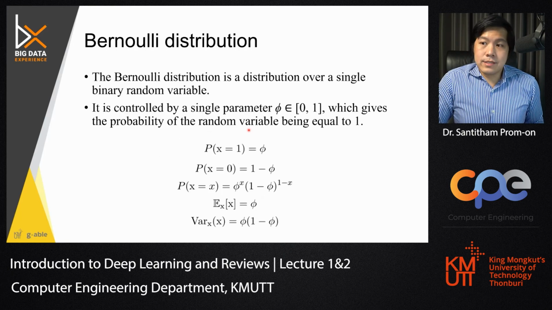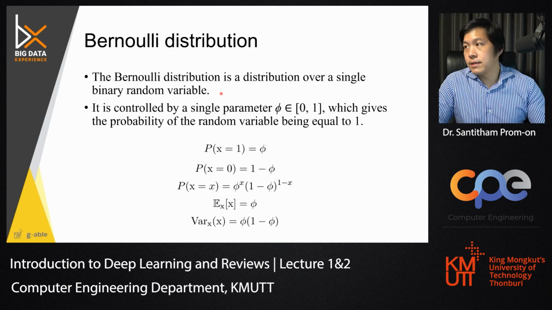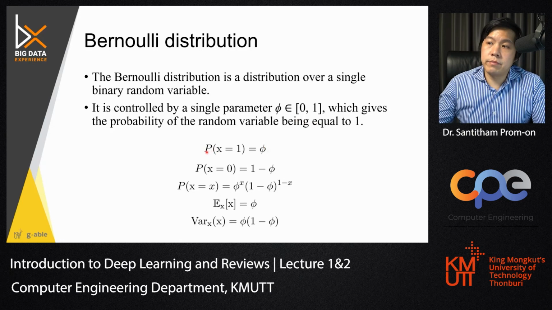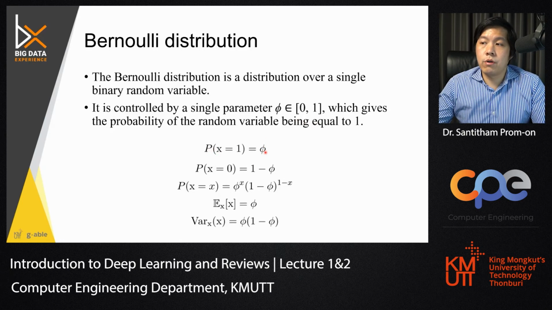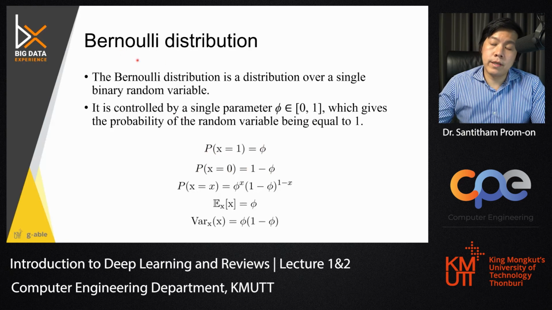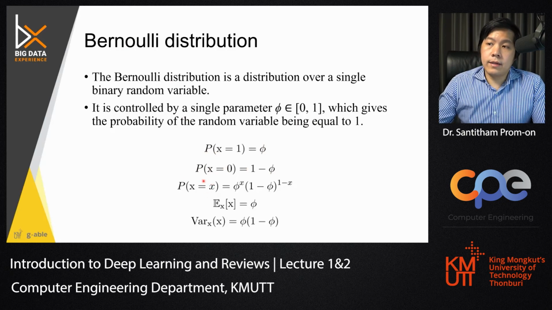Okay, let's take a look at some distributions that we will find in the deep learning class. The first one, the Bernoulli distribution. In the Bernoulli distribution, we have a distribution that can take the value of 0 or 1. Right? And then you have a chance to get into that value. So P(x=1) would be equal to phi, and P(x=0) would be 1 minus phi.